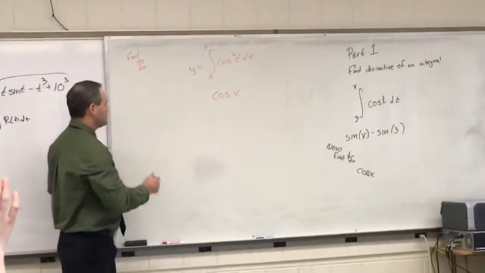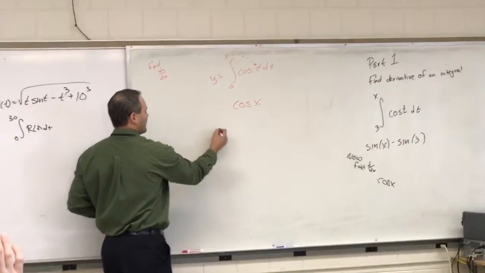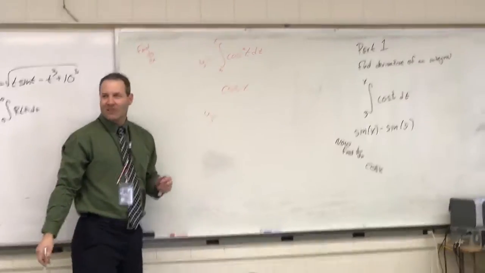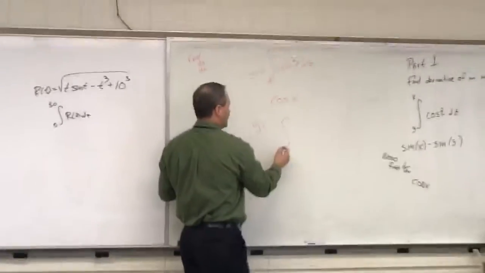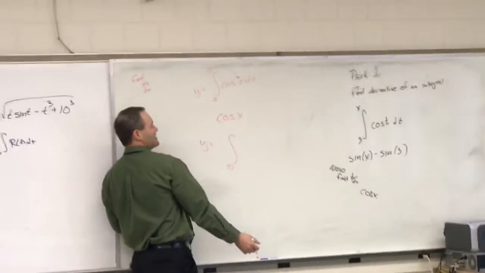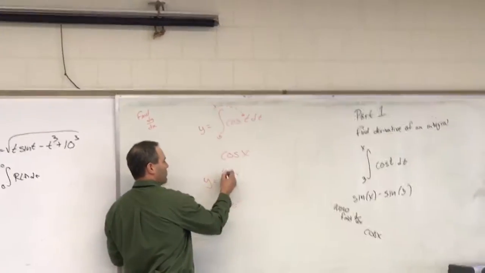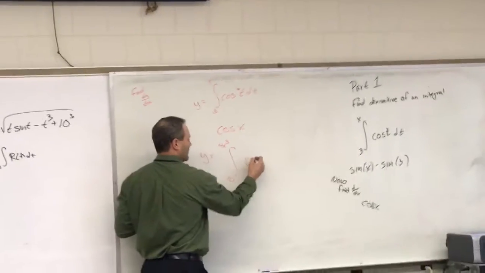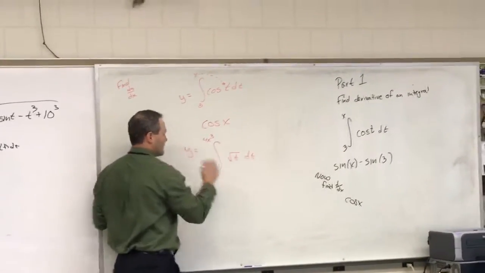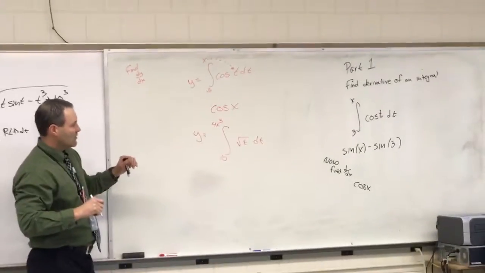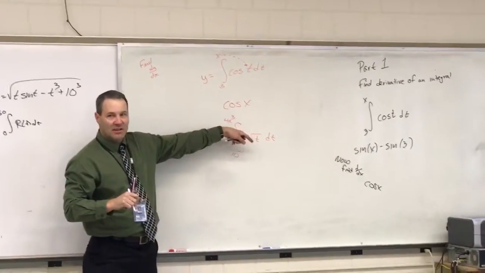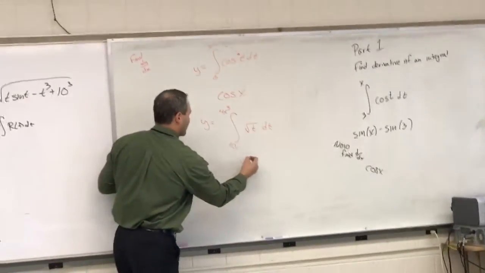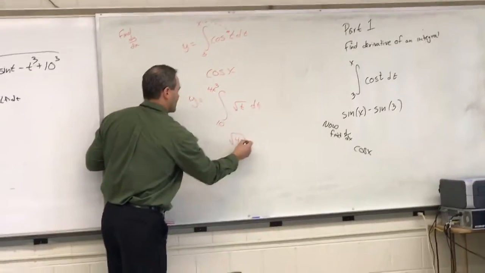It's like log base 10 of 10 to the x. It does get a little more complicated. If I have 10 on the bottom, 4x cubed on top, and the square root of t dt, we can drop it in. So it's the square root of 4x cubed.